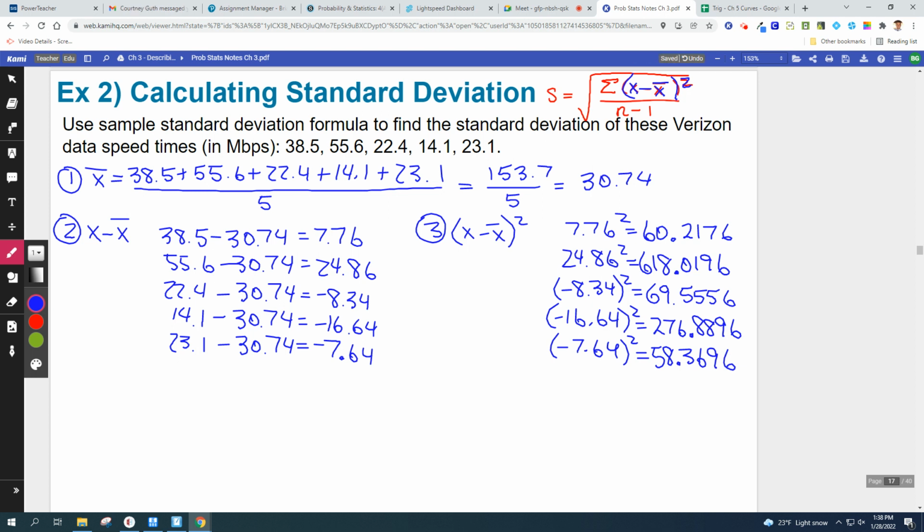Okay. Squared all of those numbers. Notice the negatives go away. Of course, that's going to happen when you square a negative. All right. Anybody know what's next?